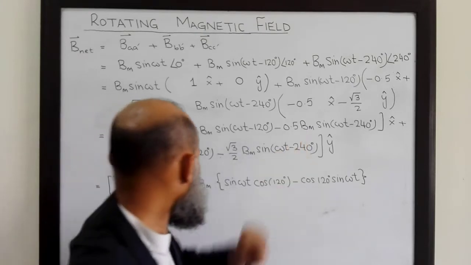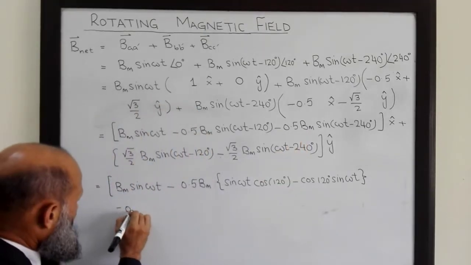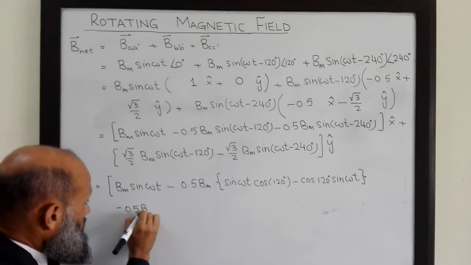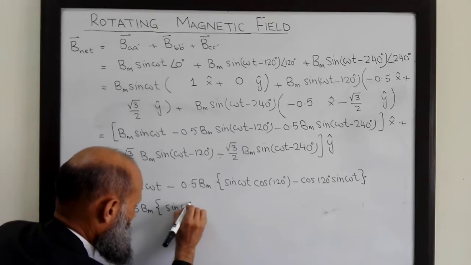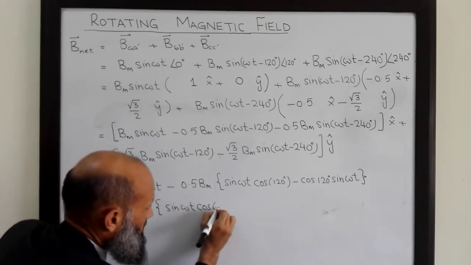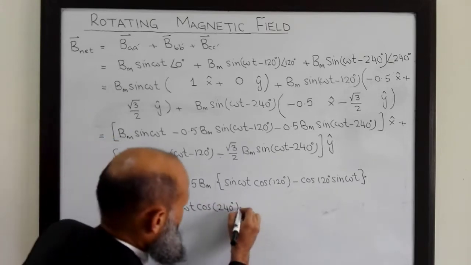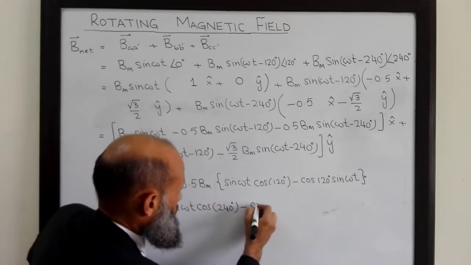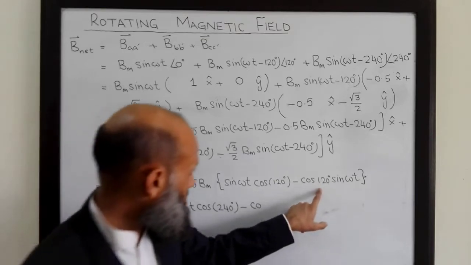Similarly, we expand this term: minus 0.5 Vm sine omega t cosine of 240 degrees minus, here I have written it incorrectly.